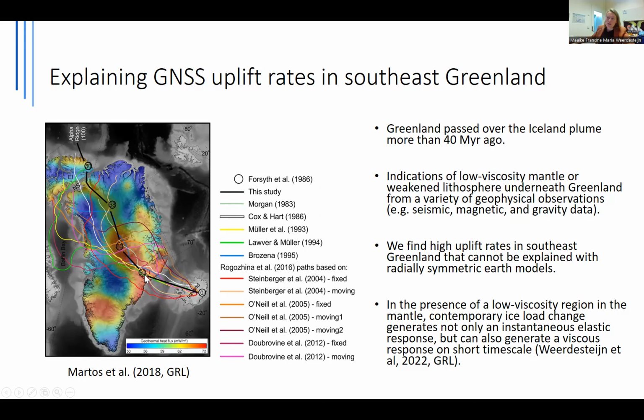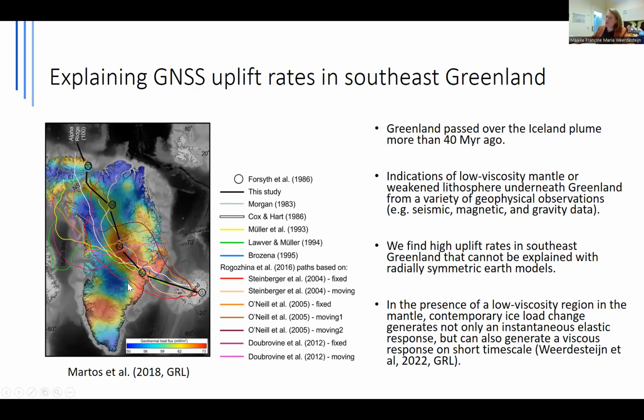This figure from Martos et al. is a summary of proposed plume tracks or hotspot tracks, so how Greenland moved over this plume. The black one is the one they proposed in their study, and that's the one we will use as a reference.